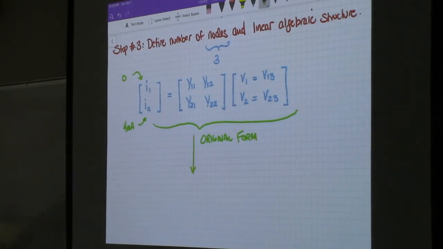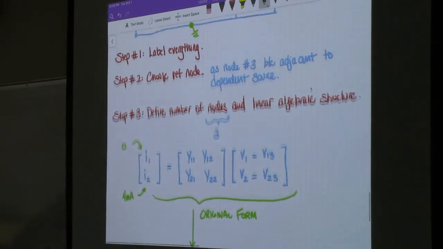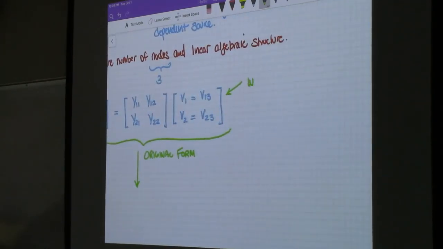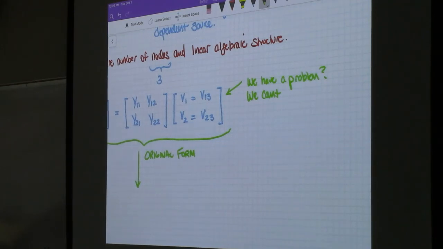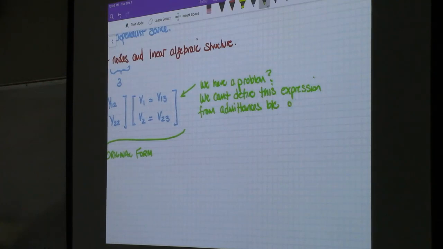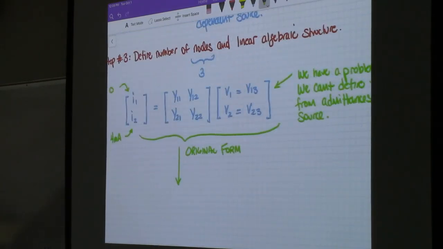But there's a problem here. And the problem is the top equation, right, is based off of KCL.